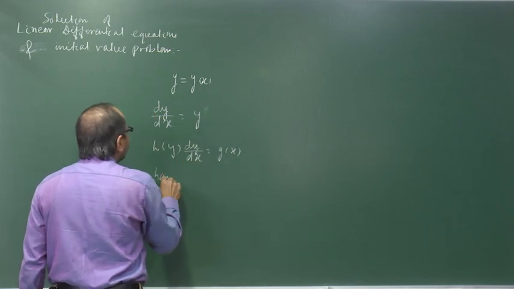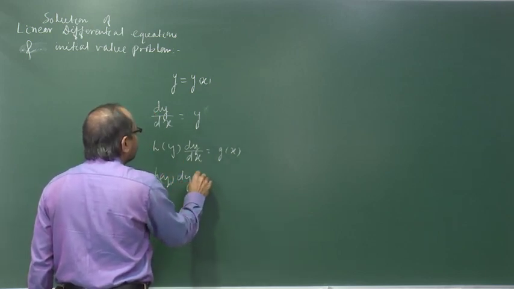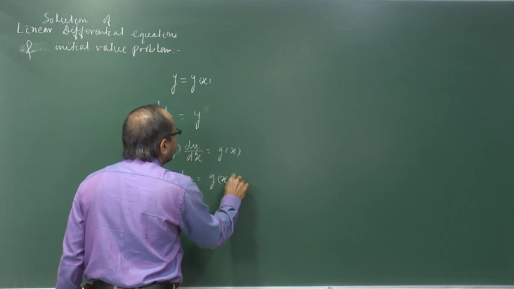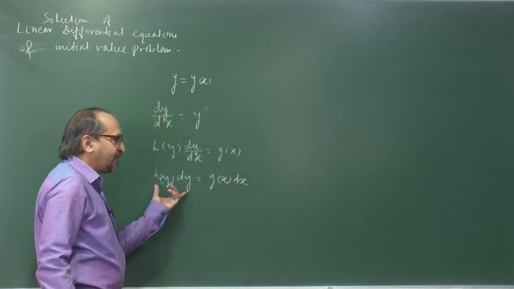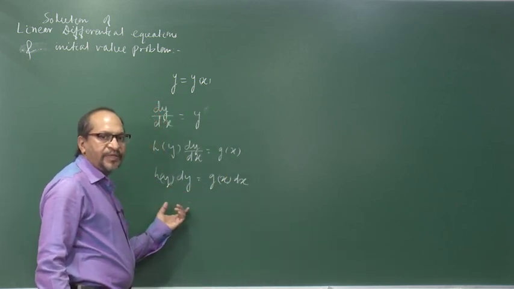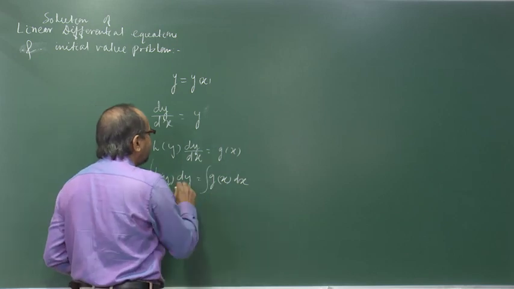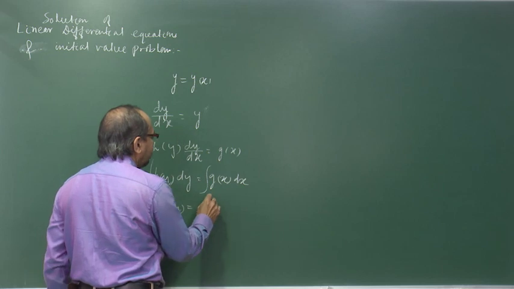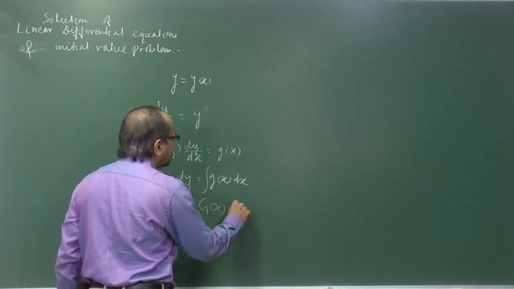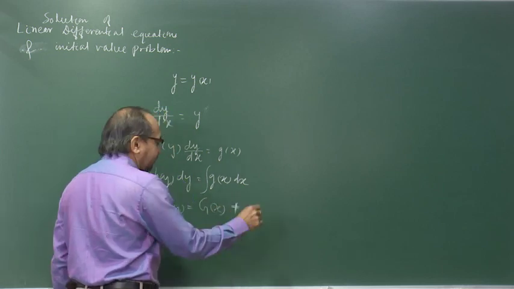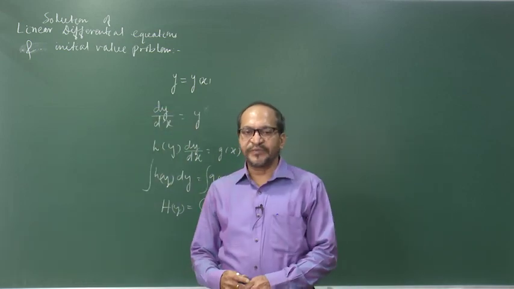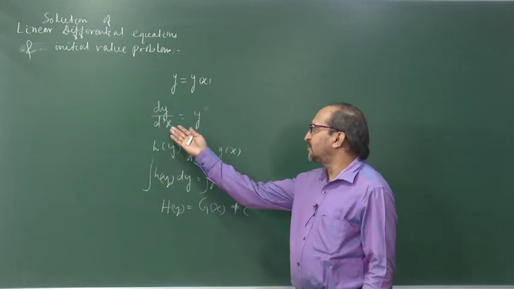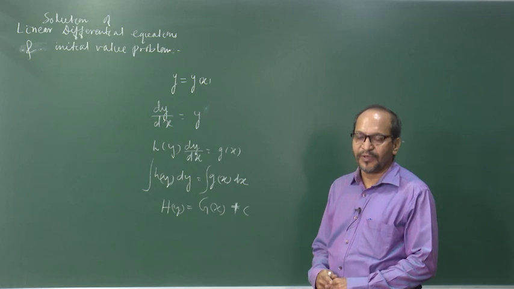As I discussed in the last class, it can be written in a form so that we can separate the y variable and the x variable, and integrate both sides, and we come out with h of y is equal to g of x plus a constant of integration. This is very simple, for when the differential equation is in a very simple form.